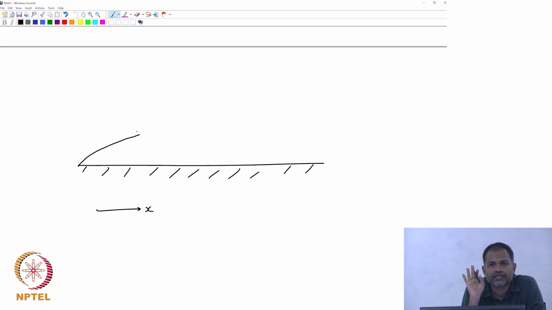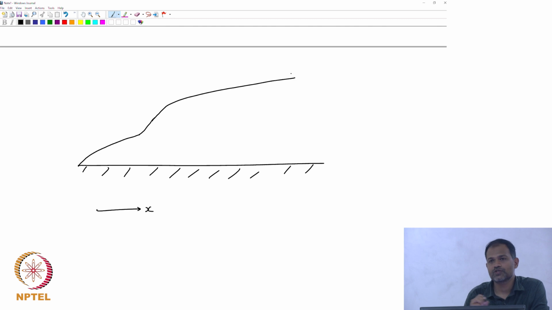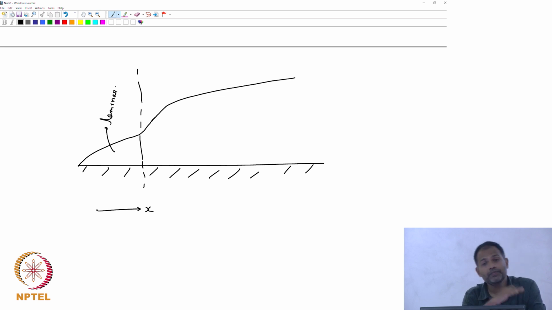If you were to track the boundary layer thickness, you will see that it nicely grows like root x, and then at some point it will start increasing suddenly, and then again slow down. Up to here the flow would be laminar, and beyond that point the flow would turn turbulent.